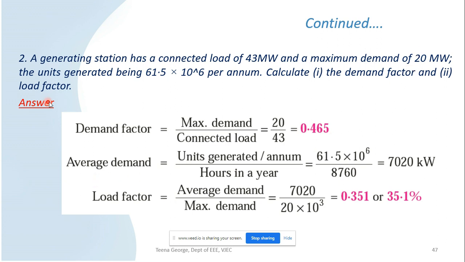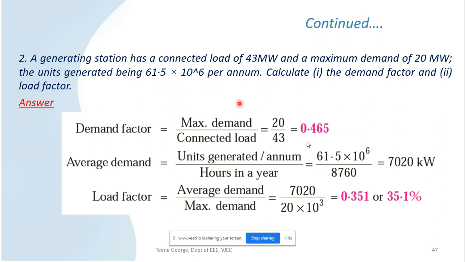And load factor. We are asked to find the load factor. Load factor is average demand by maximum demand. Maximum demand is given. Average demand we have to find. For finding the average demand, here units generated is given. Average demand is units generated per year by hours in a year.